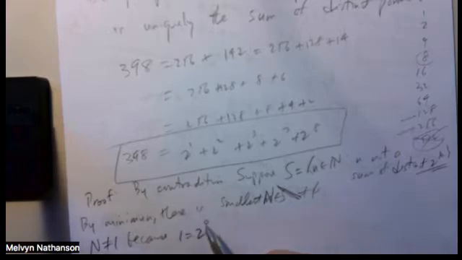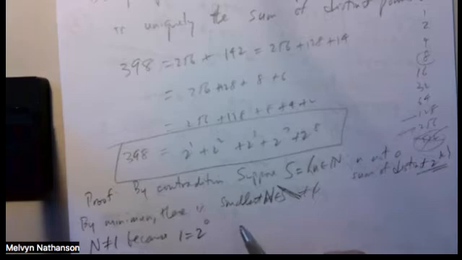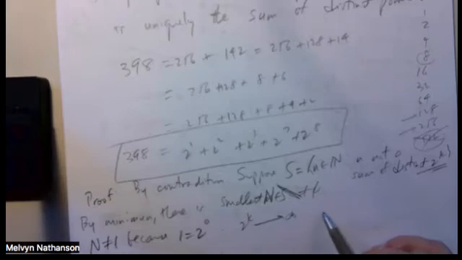And we know that N is not 1, because 1 is 2 to the power 0. So N is bigger than 1. Now, the powers of 2, they go to infinity, right? As you take bigger and bigger powers of 2.